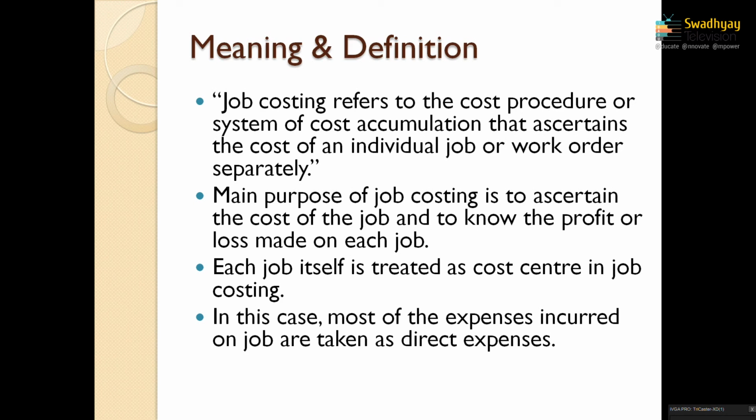As I already mentioned earlier, the manufacturer may not be doing only a single job; he may have a number of jobs. So, each job has a different type of cost or a different cost structure. The main object behind the design of job costing is to evaluate what amount of profit or loss has been incurred in each job.